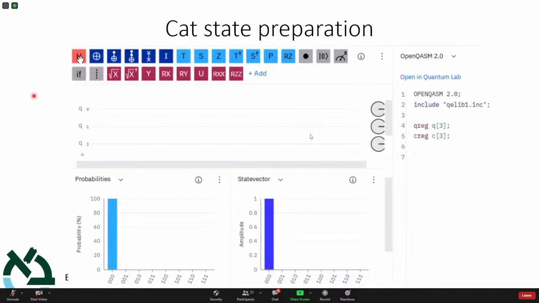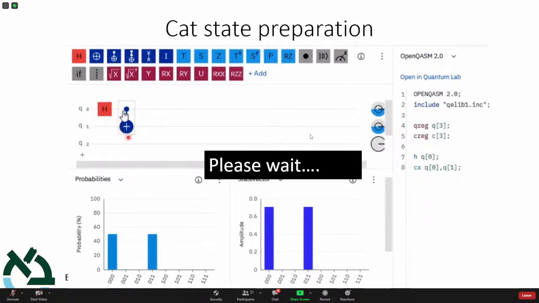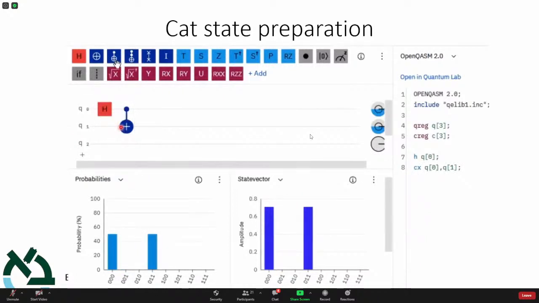So let me give you an example. Maybe this is the same example that you've seen, but nevertheless, let me show you how it works. You can basically drag and drop a Hadamard gate, which prepares for you a superposition of 0 and 1. Then I apply a 2-qubit gate.